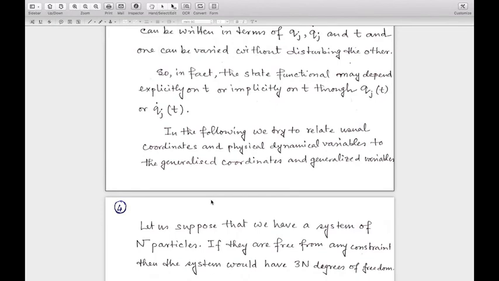Now we can make an explicit time dependence in the potential by making it a periodically varying potential, which can be obtained by using a periodic force, for example, like a sinusoidal type of force.